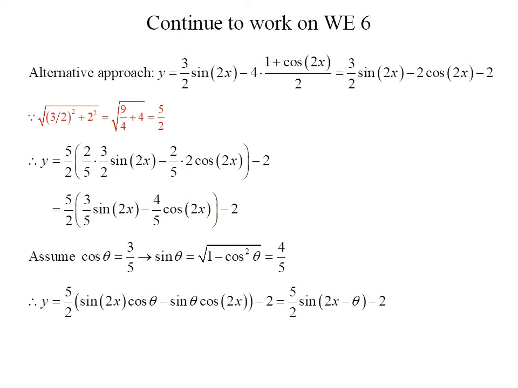Since sine 2x minus theta is between -1 and 1, including both endpoints, the minimum value of y equals -9 over 2, while the maximum value of y equals 1 over 2.